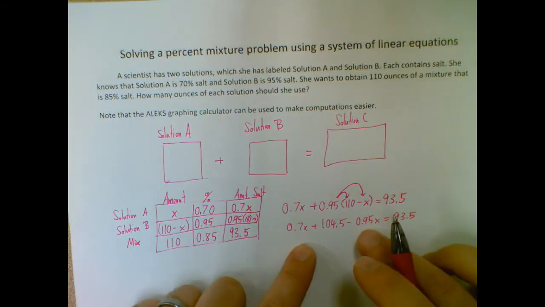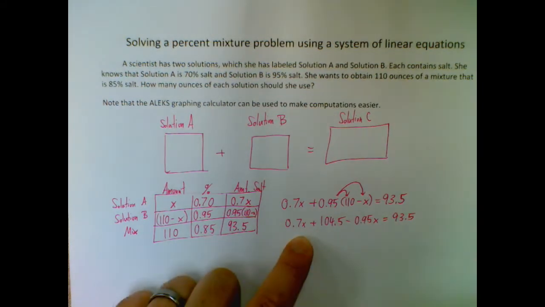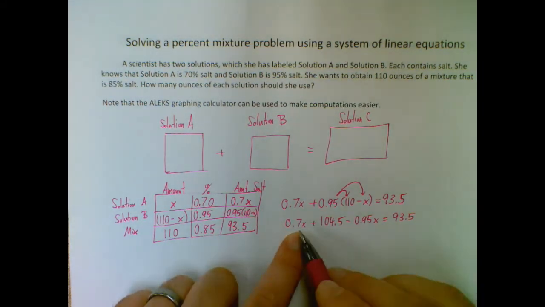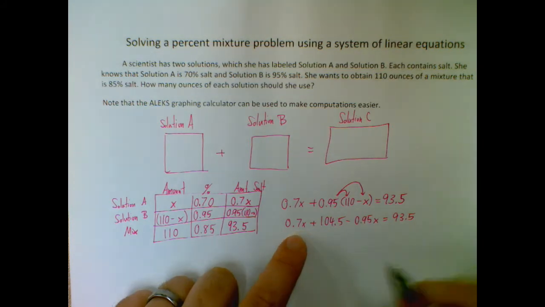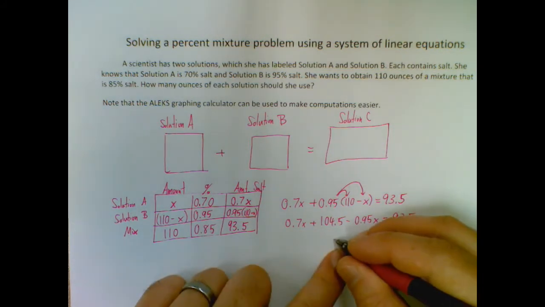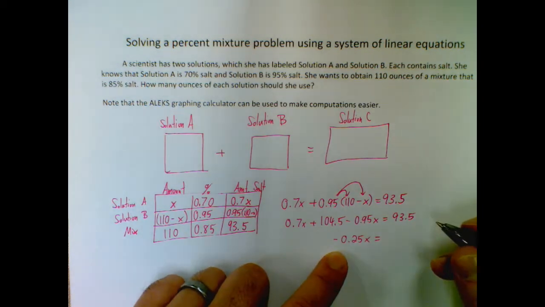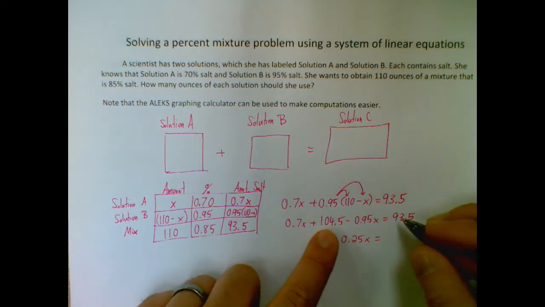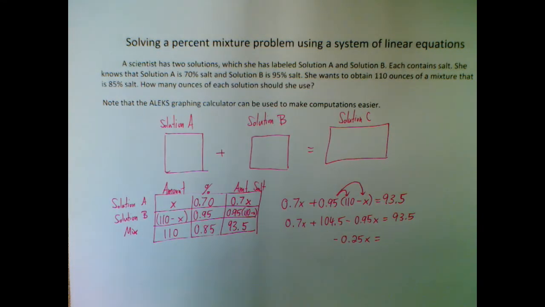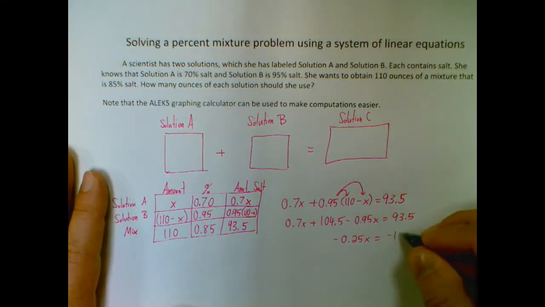These two are like terms, and then I'll need to move that over there. But first, 0.7x minus 0.95x is going to be negative 0.25x. And then here, subtracting, 93.5 minus 104.5 should give us negative 11.